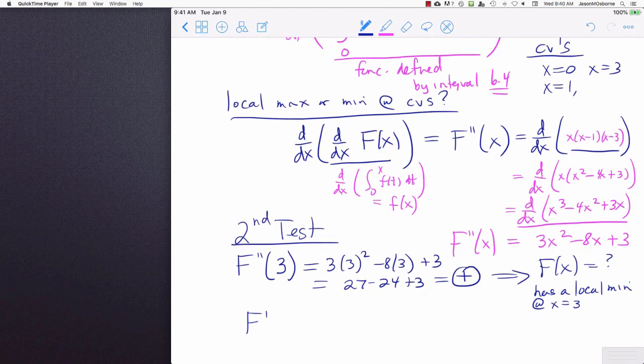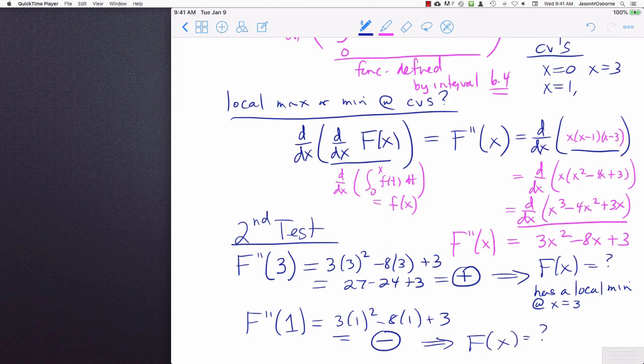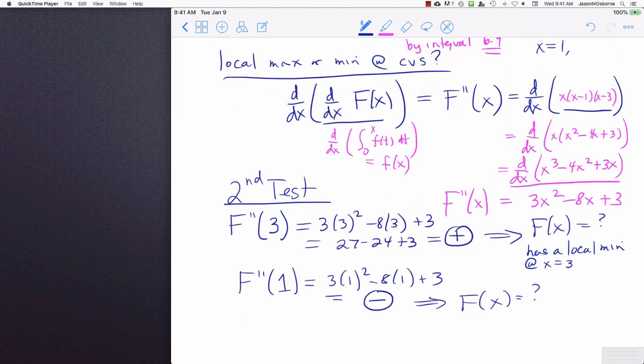And the second derivative evaluated at 1 is 3 times 1 squared minus 8 times 1 plus 3, which is going to be a negative number, which implies that this function that we've just defined, again, we don't know exactly what its formula is, has a local maximum at x equal to 1.